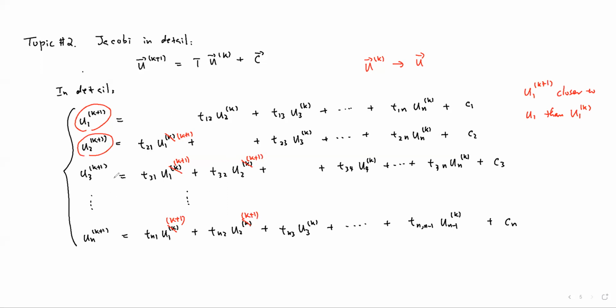Then the third equation. After I get this, when this is available, I use it immediately in the following computation. Yeah, K plus 1. Yeah. This improvement is Gauss-Seidel.